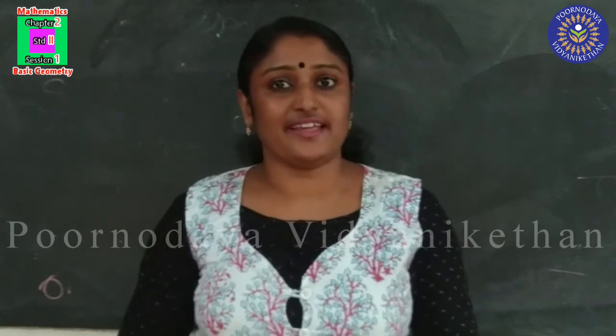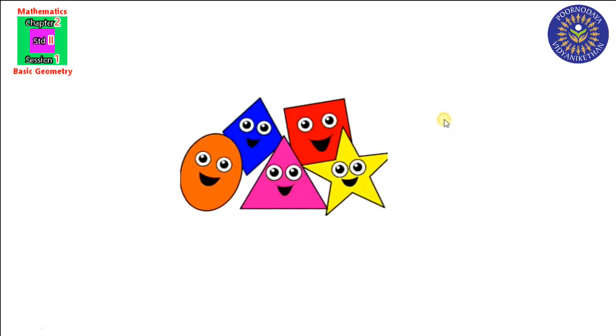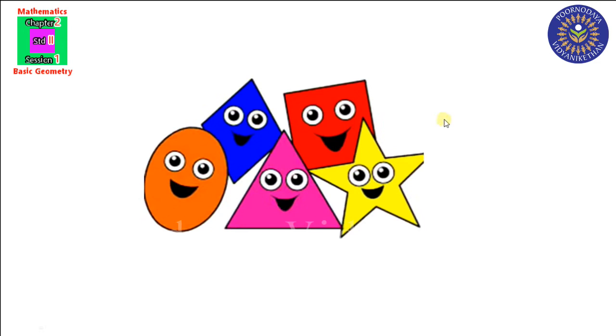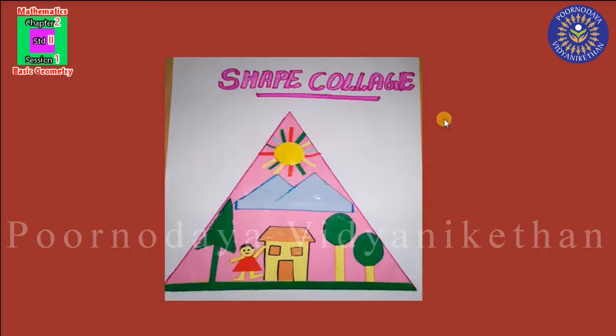Listen carefully. Okay, children, look what these are. Yes, these are shapes, isn't it? These are two-dimensional shapes. We already learned about these shapes in class 1. Do you remember that? Look, I made a shape collage by using the shapes.